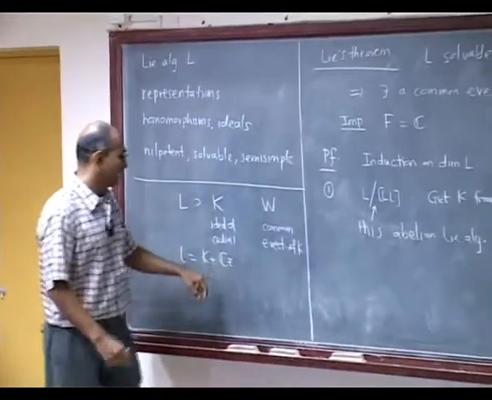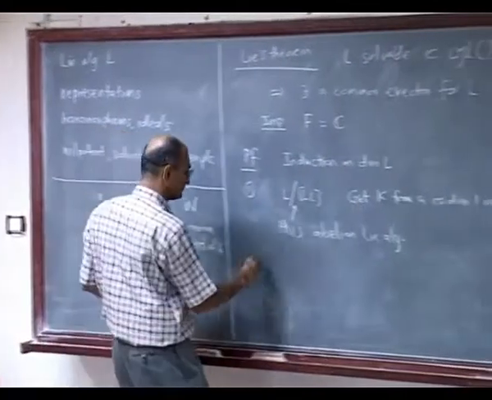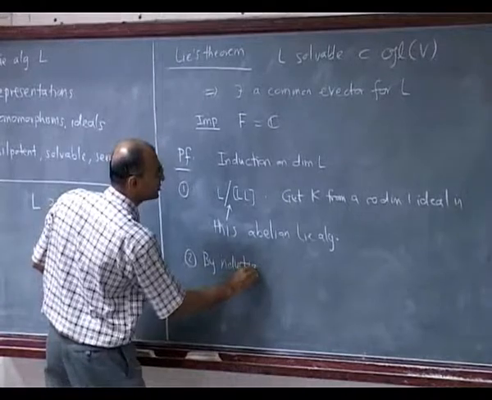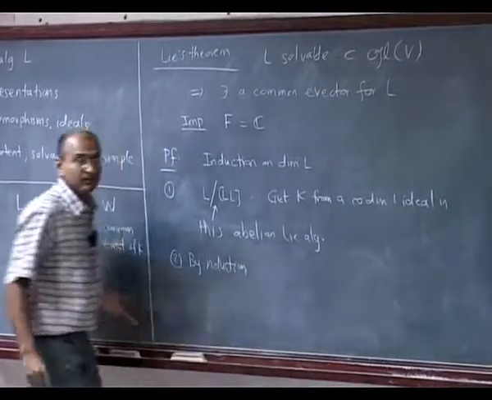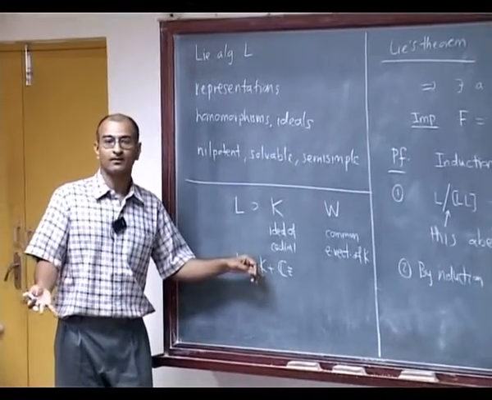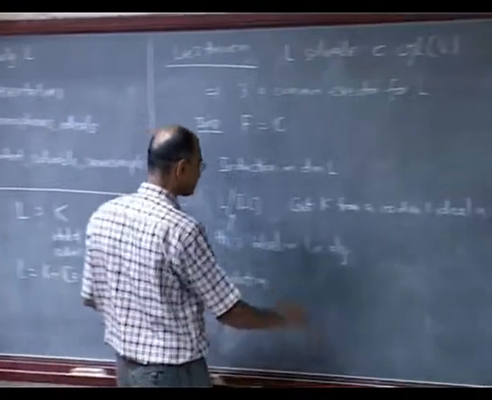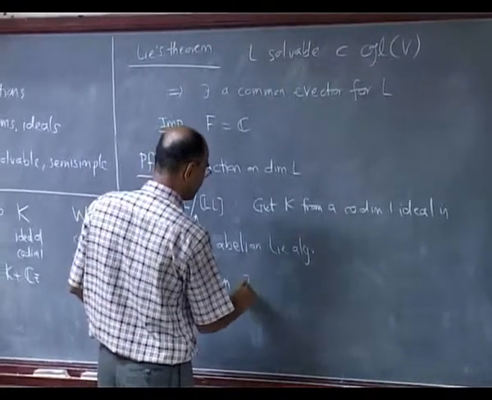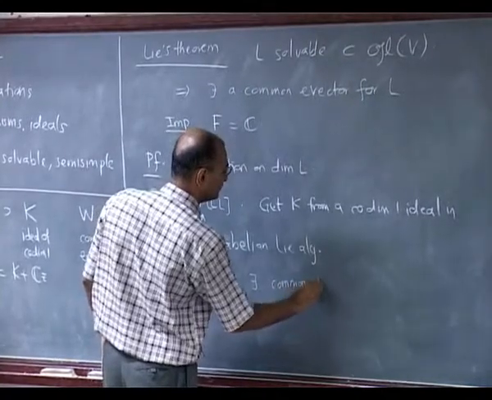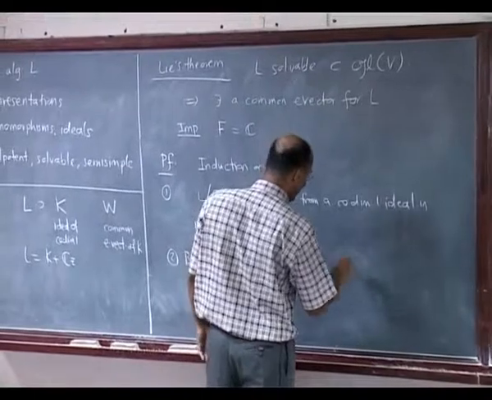So I have K, and then I will find Z, and so I am set here. By the way, K is solvable because it's a subalgebra of a solvable algebra. So, by induction, there exists a common eigenvector V such that what?